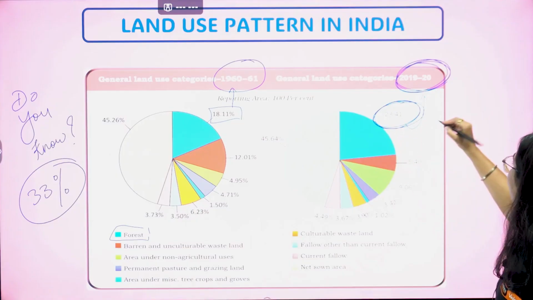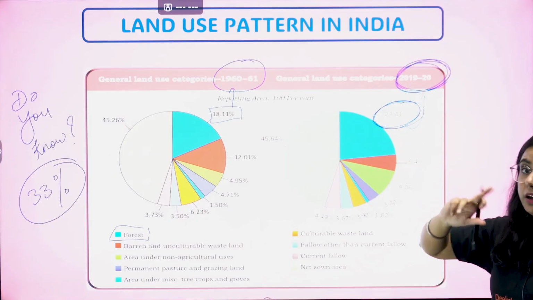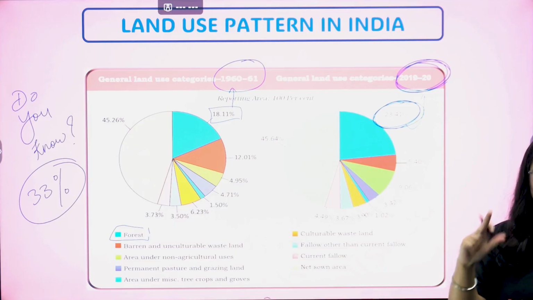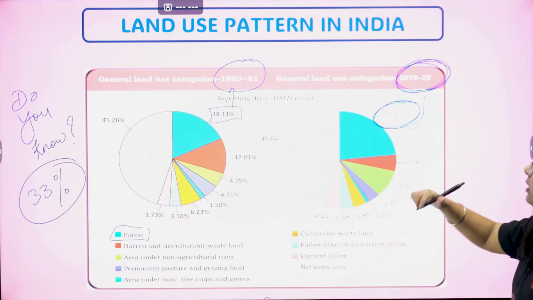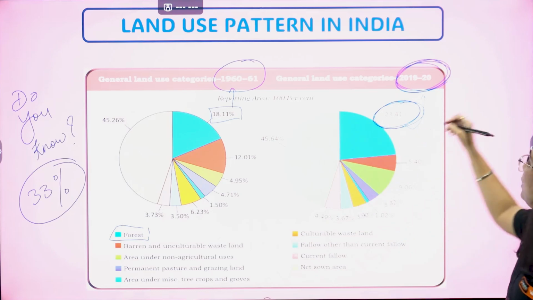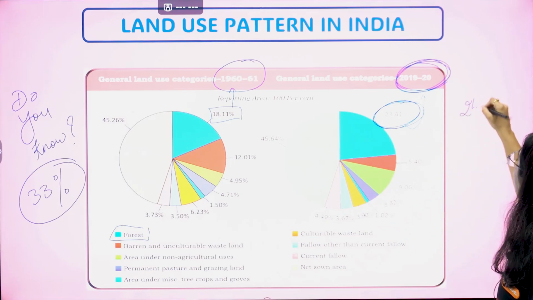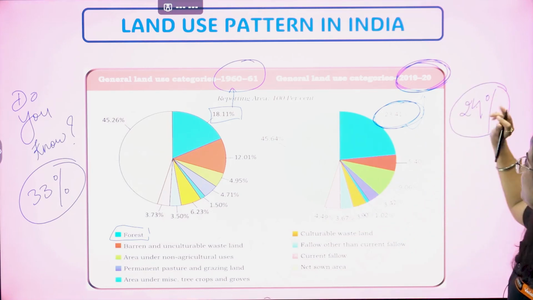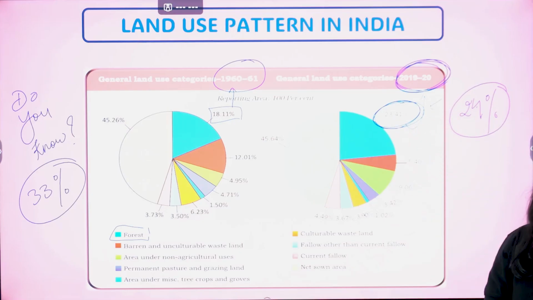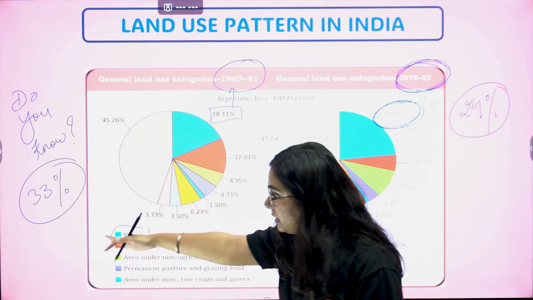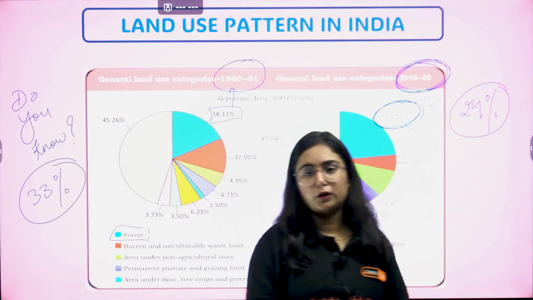NCERT has not yet updated it. I do not want you to get confused. You need to write only what NCERT is saying. Okay. I am just updating you that according to the recent forest report, it has increased to somewhere around 24%. But NCERT says that it is 23.41%. Up till now we have not fulfilled this parameter of 33%.